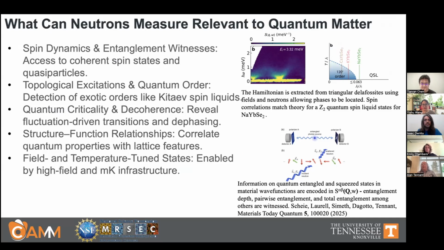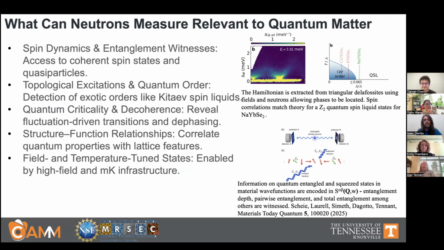We also have other environments that can be applied, like high pressure as well. And the top right-hand side is an example of a spin liquid material. It's a spin liquid candidate material, sodium ytterbium diselenide. This is inelastic neutron scattering, and it actually has the fingerprints of an underlying Z2 quantum spin liquid state in this plot here.